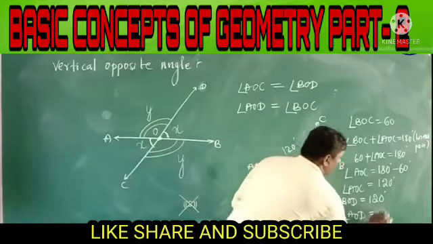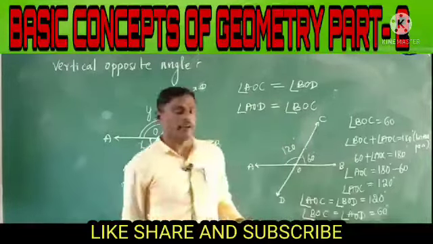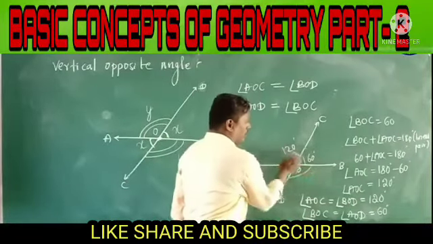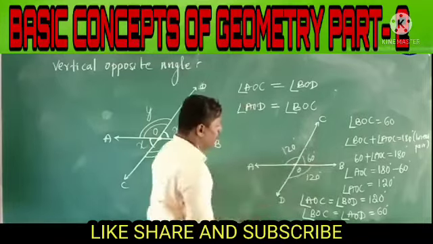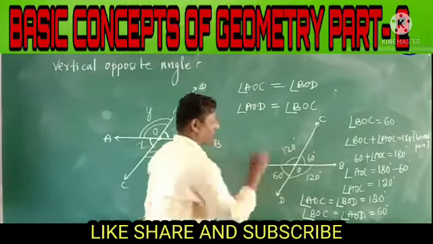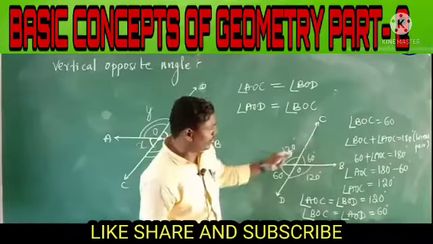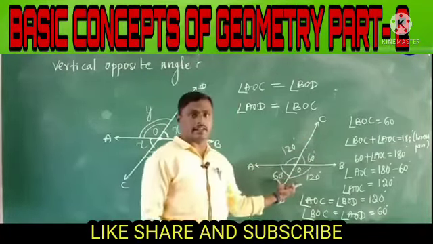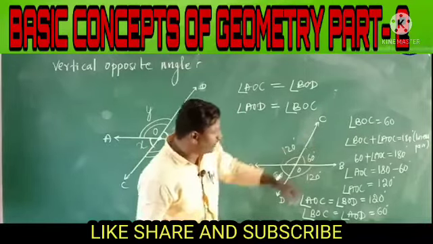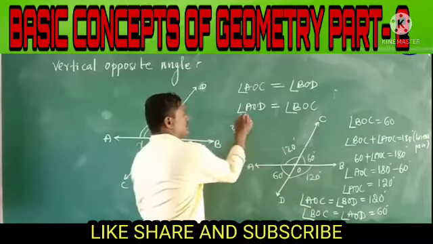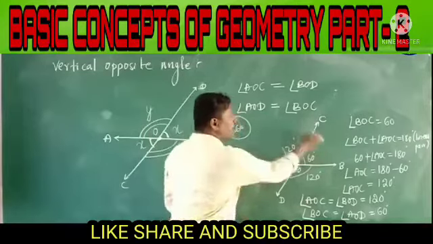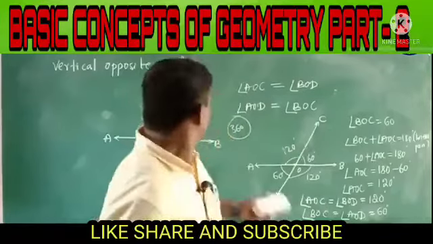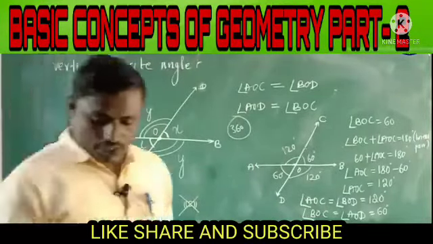So these two angles are equal to 60 degrees. Vertically opposite angles are equal. This angle is 120 degrees and this angle is 60 degrees. By adding these two angles, we get 180 degrees. That is a linear pair. Again by adding these two angles, we get 180 degrees. So the sum of 180 plus 180 is 360 degrees. It means it takes the complete one rotation. Okay. So this is the vertically opposite angles.